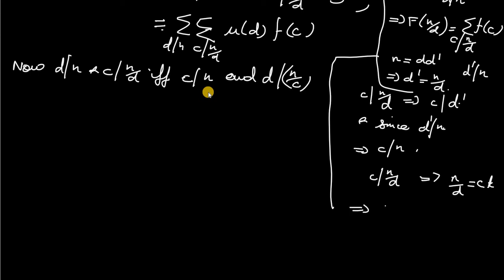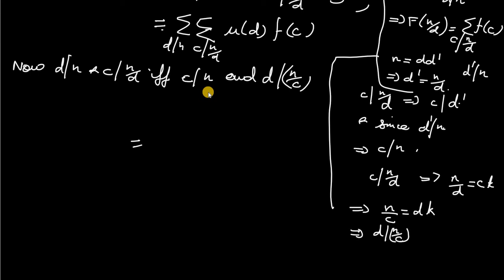Cross multiplying, n upon c is equal to d into k. So n upon c is a multiple of d, which means that d divides n upon c. So therefore, d divides n and c divides n upon d if and only if c divides n and d divides n upon c. So I'll replace this in the above equation.